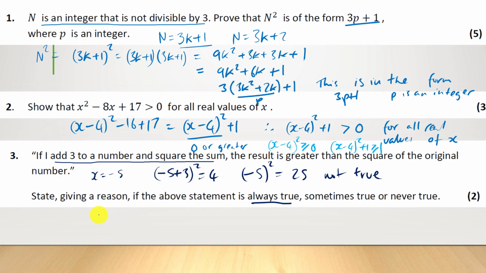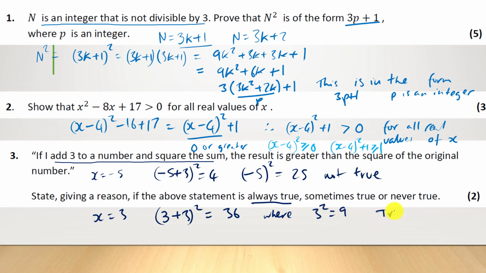But we should know that if we have, you know, x equals 3, let's try 3 plus 3 squared, 6 squared equals 36, whereas 3 squared equals 9.